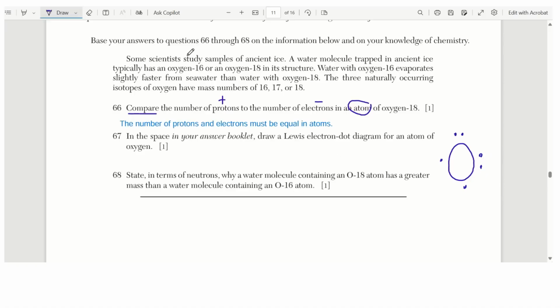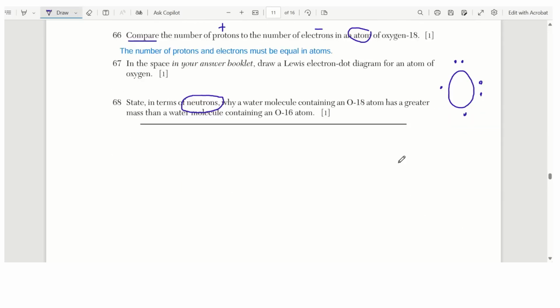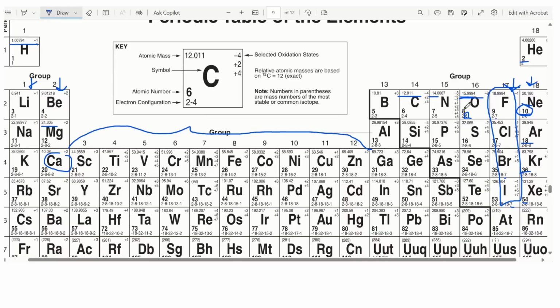68. State in terms of neutrons. So I literally have to say the word neutrons. Why a water molecule containing an O18 atom has a greater mass than a water molecule containing an O16 atom. So if we have O18 and O16, we look it up on the periodic table.